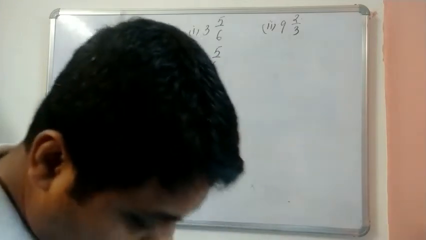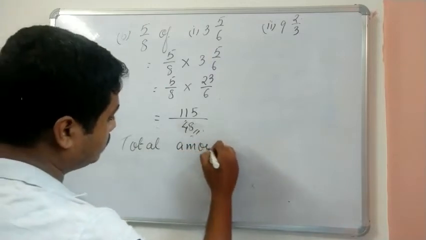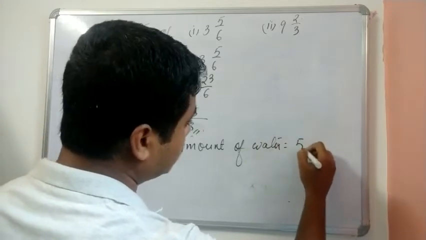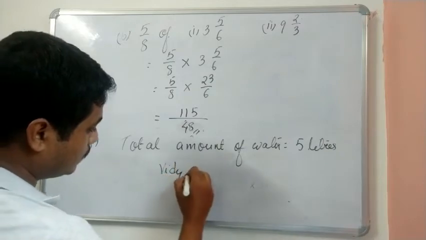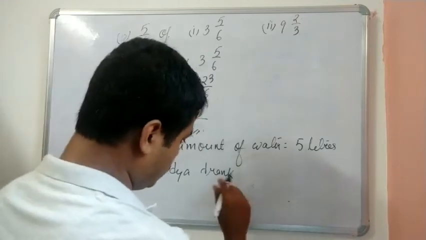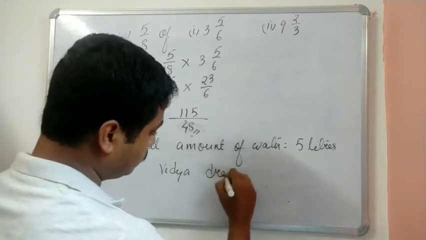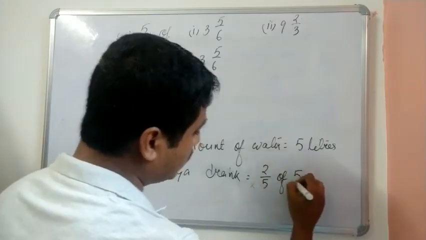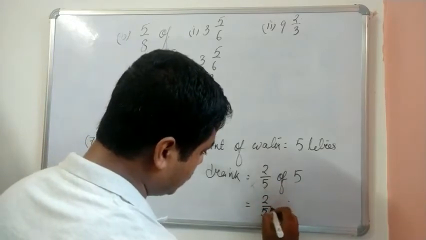First of all, we have to see the total amount of water. It is equal to 5 liters. Vidya drank 2/5 of 5 liters of water, that means 2/5 into 5.